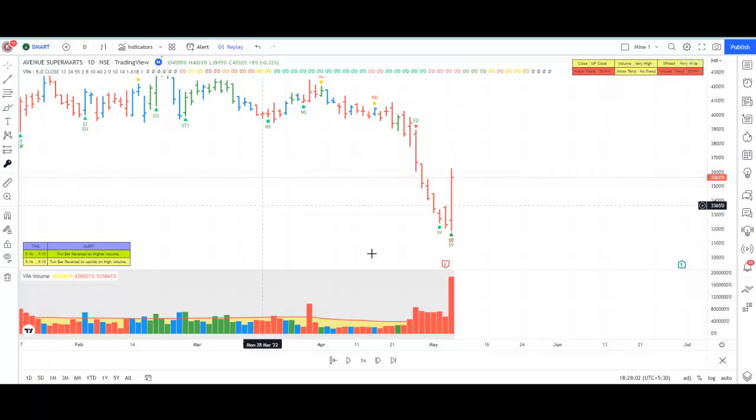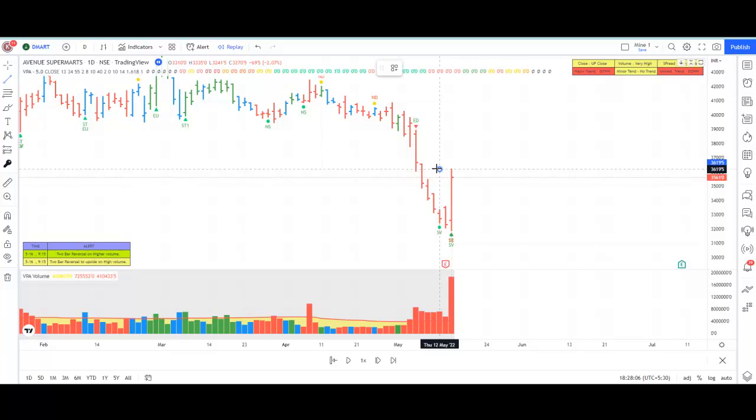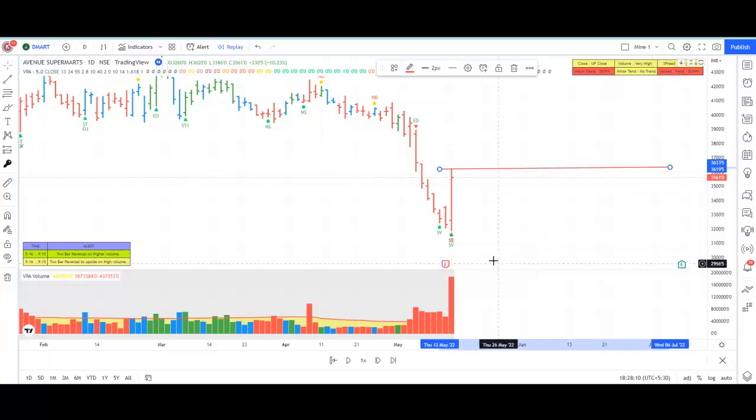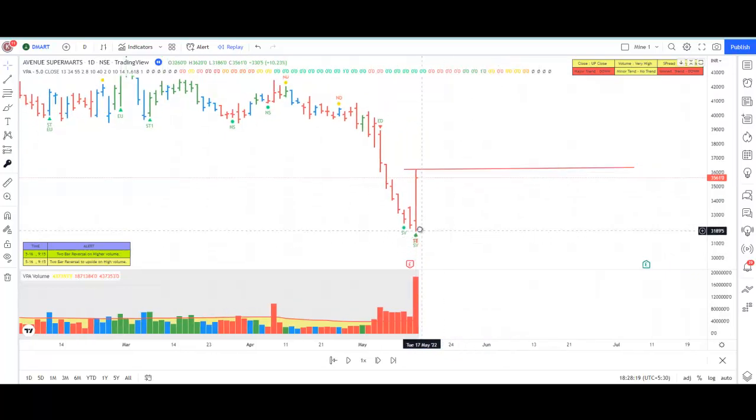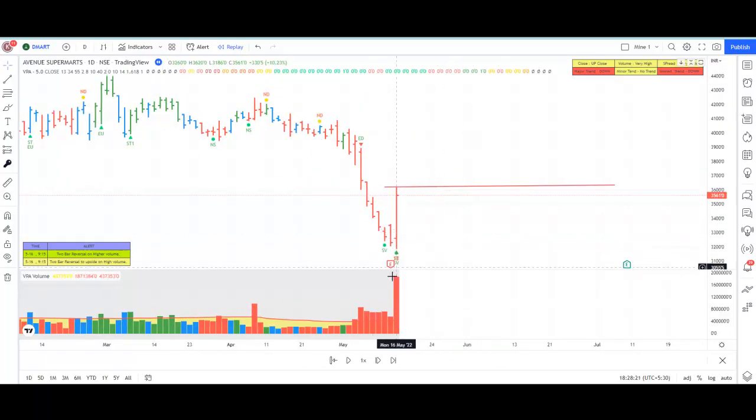So let me also draw the high of this bar for reference here. And as usual, the definition coincides with many other SOS signals. So let me see how the prices play out.